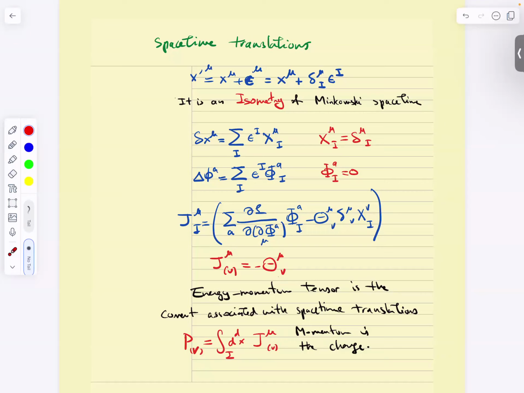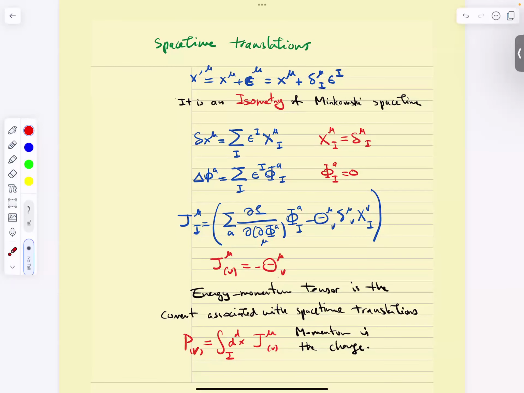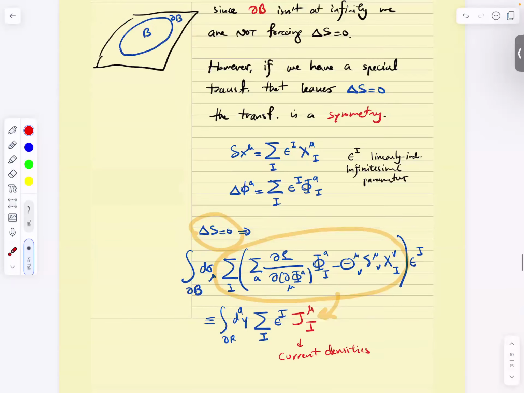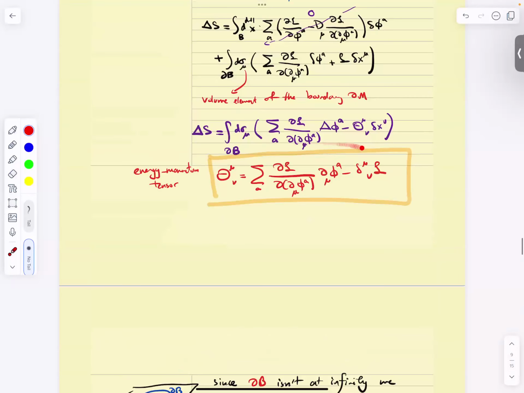So earlier when I asked, do you know cases where we integrate charge currents over something that's not space-like? Momentum is one example, right? This is called the energy momentum tensor. Two funny things happen. First, this energy momentum tensor showed up in our analysis of an arbitrary transformation as a term, right? That's something to keep in mind. That's why I gave it a name, and I realized at the moment that this is too early to say that.